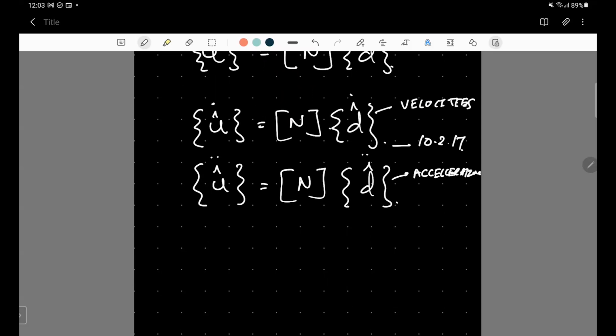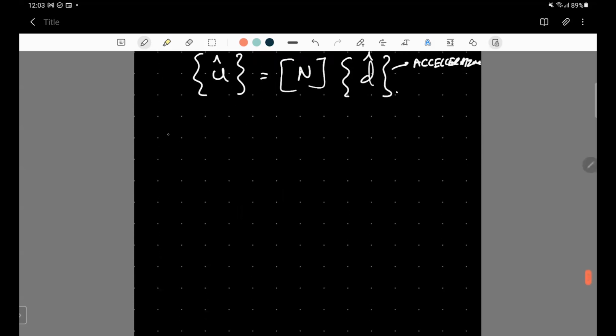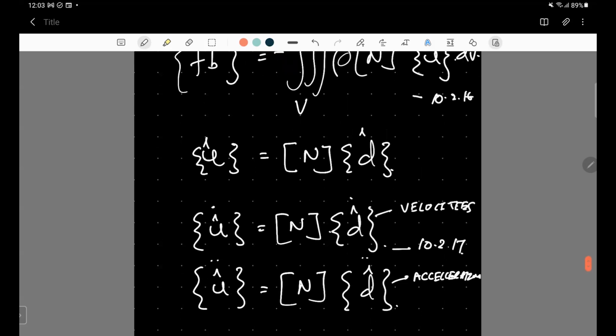So by substituting the values obtained from the 10.2.17 equation into 10.2.16 to calculate the body forces, we obtain the following equation. Let me see whether I got that right.